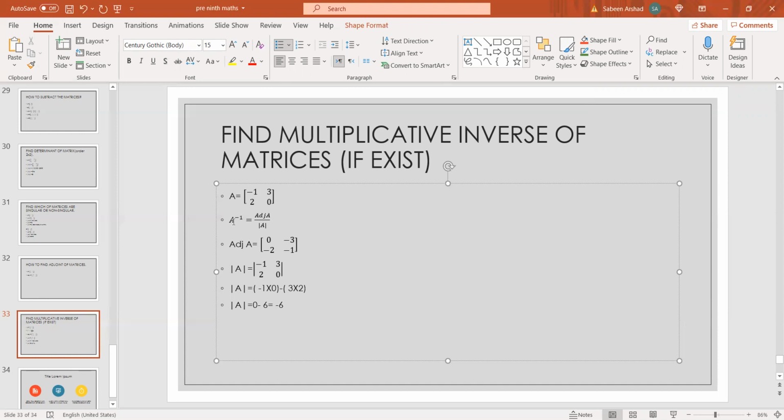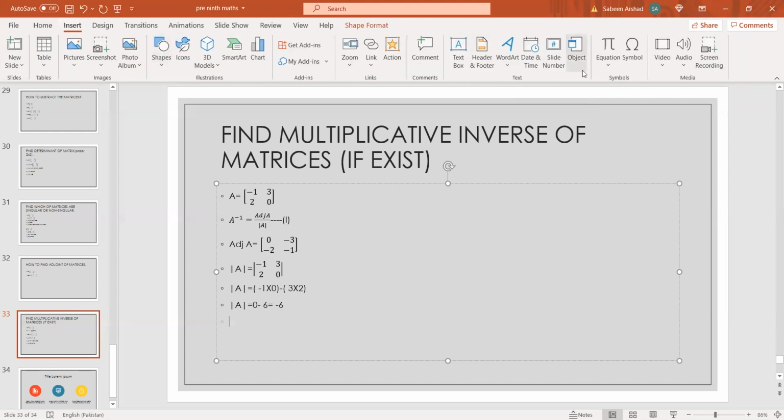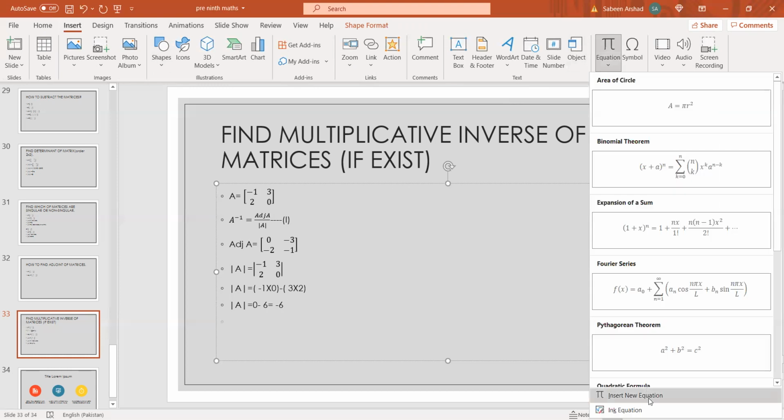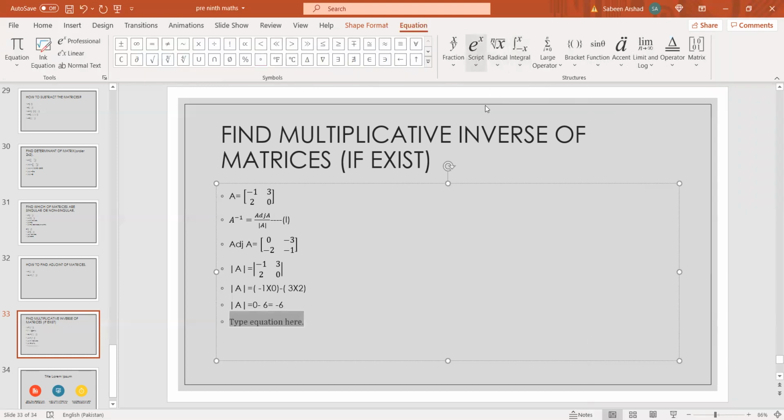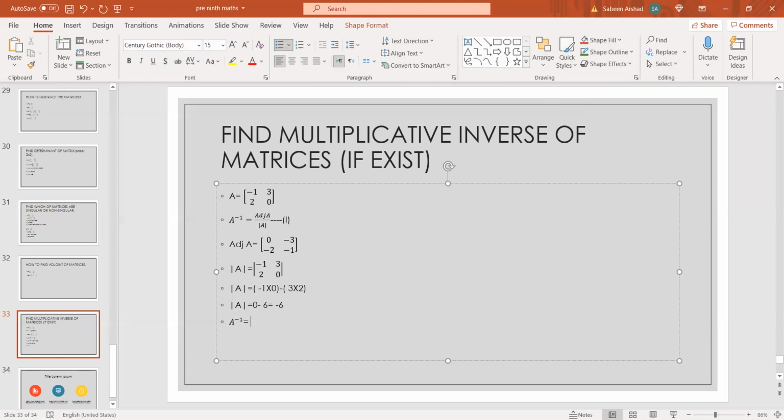Now let's put the values in the formula. Say this is your equation number 1, and now I have all values. I have the adjoint of A, which is here, and I also know the determinant of A. So let's put it here. A inverse is equal to the adjoint of A, which is 0, minus 3, minus 2, minus 1.